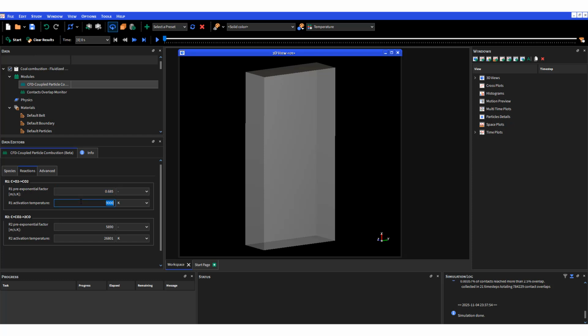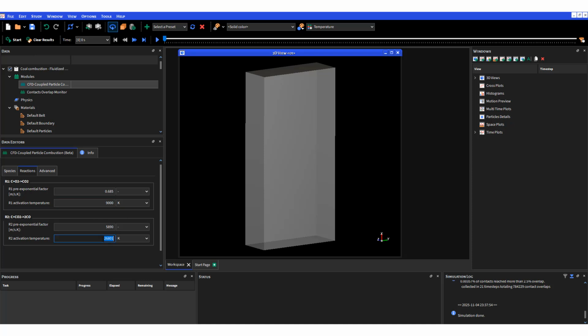And we also have an activation temperature. Sometimes we write that in terms of activation energy, or sometimes in terms of activation temperature. So we can convert from one to another if you have values in terms of activation energy.